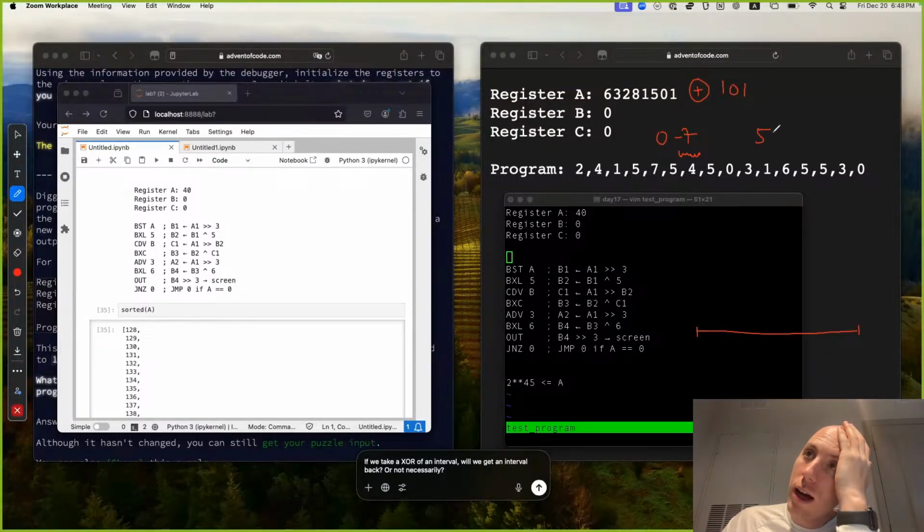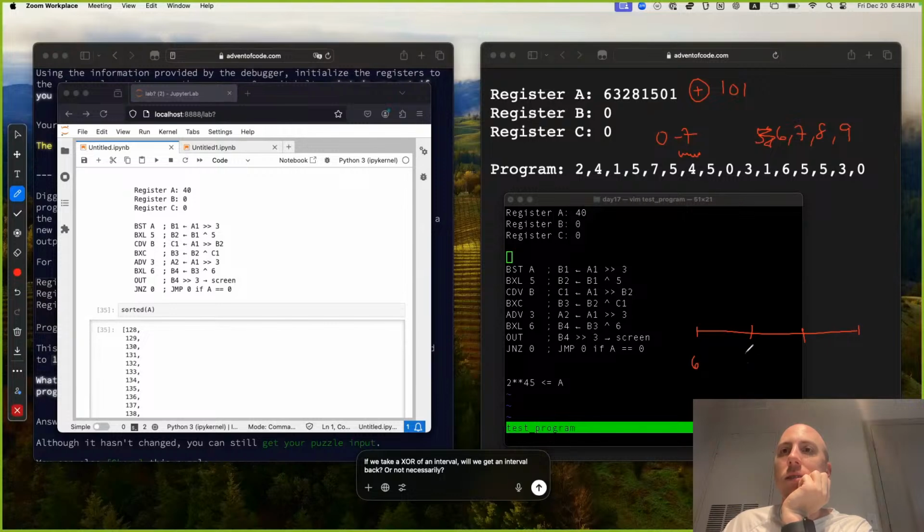Maybe 6, 7, 8, and 9. So 6, 1, 1, 0. XORing that, this goes away.